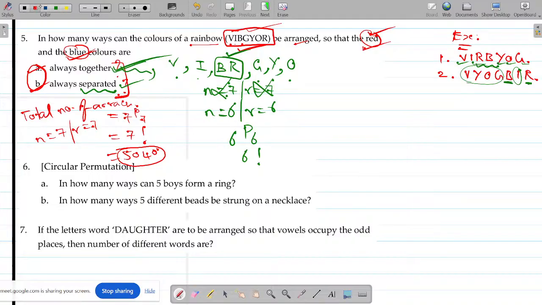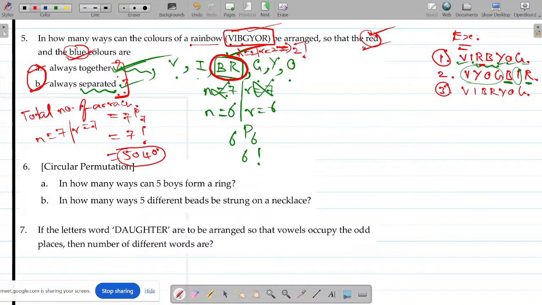Now, please make a note here. When we talk about blue and red, we also have to talk about red and blue because we are talking about arrangement. Blue and red is different and red and blue is different. So obviously, n is equal to 2 and r is equal to 2, which can be internally arranged in 2 factorial ways. You agree? See, this is one arrangement I have taken, right? What is the arrangement? V, I, R, B, Y, O, G. Let me go for the third one: V, I, B, R, Y, O, G. See, the first and third are different, right?